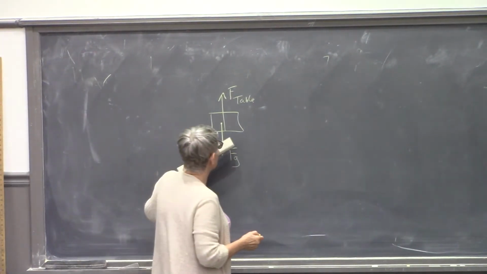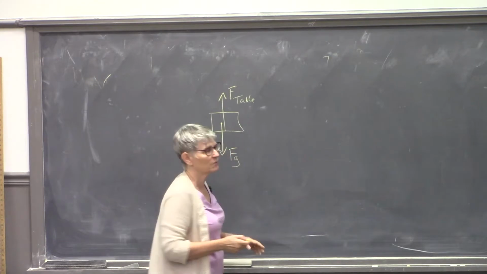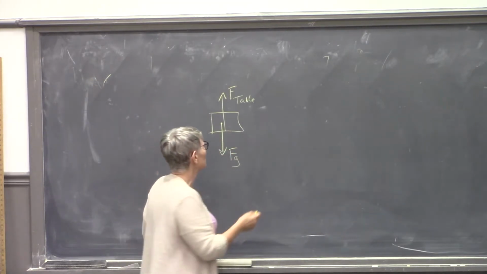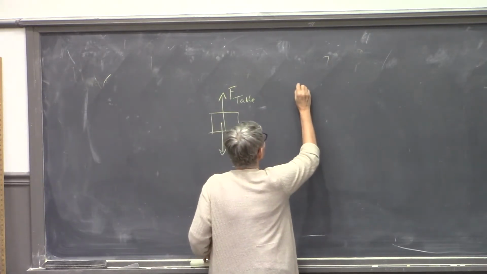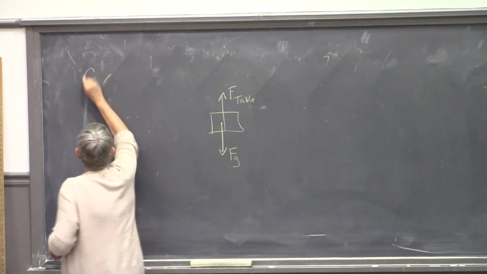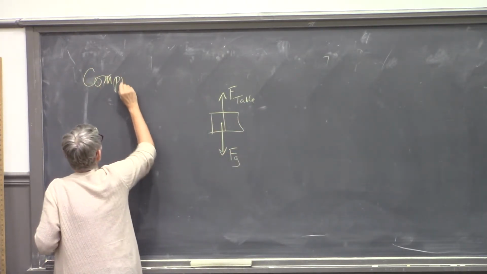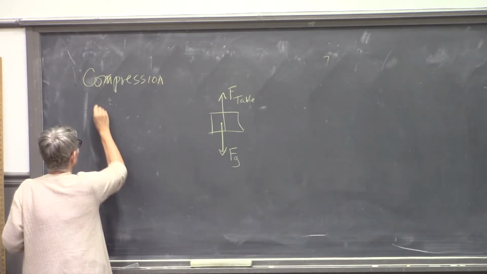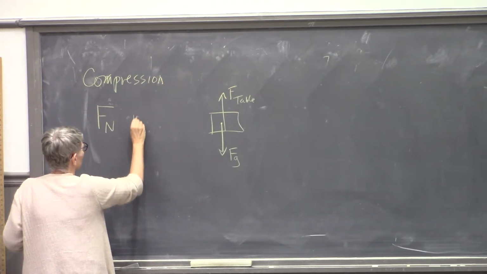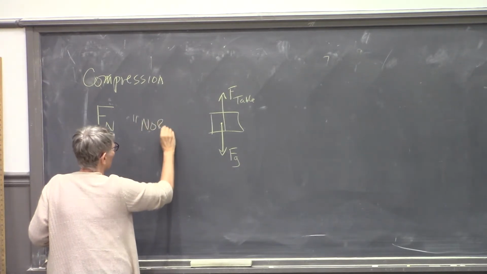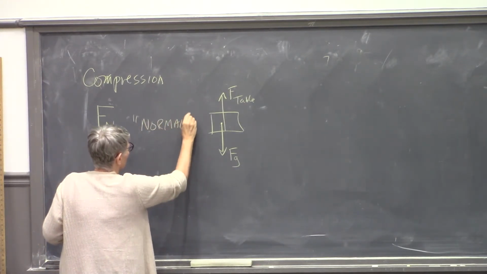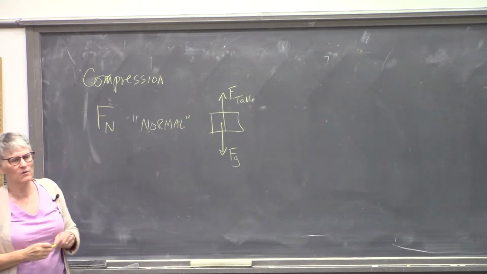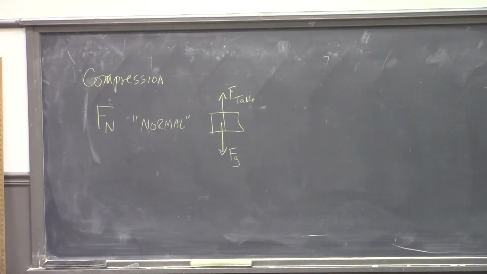This force by the table is often called, you may have seen this in a previous physics course, this kind of compression force is often called a normal force. What on earth does that mean? What's normal about it? Or does it mean like normal school where we train teachers?